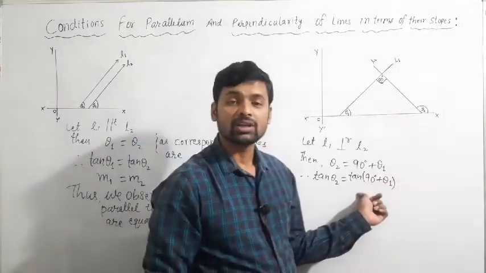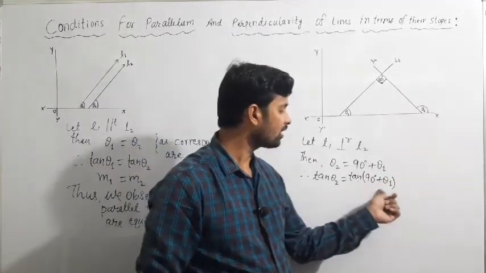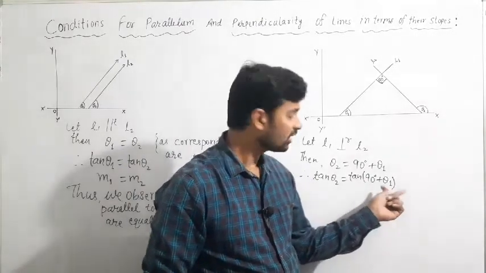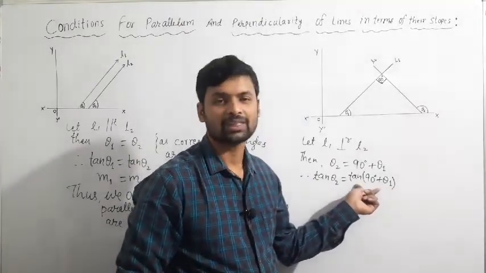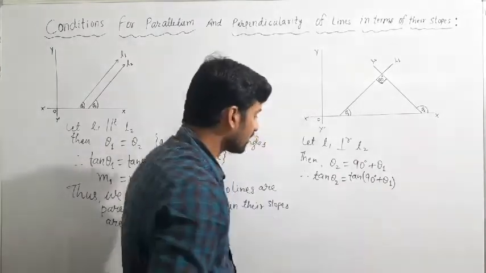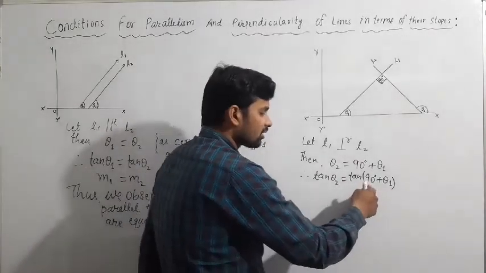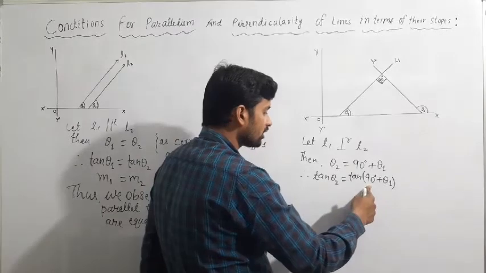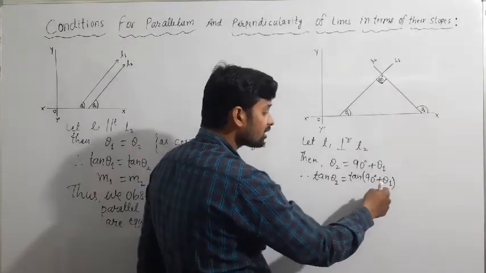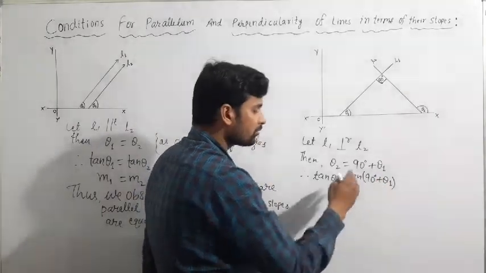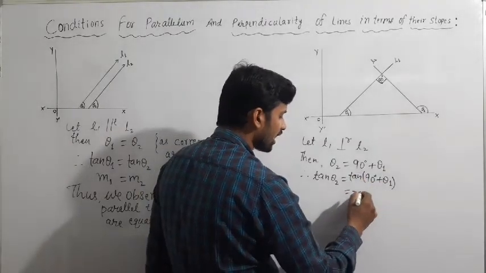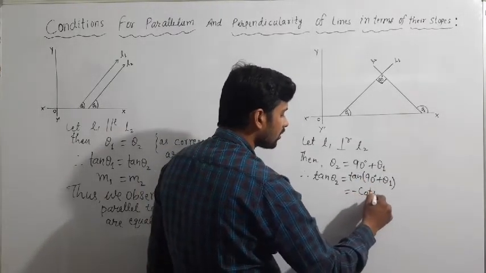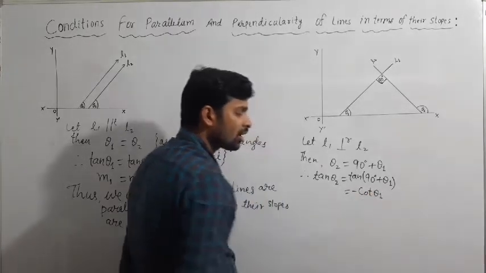Do you know the formula of tan of 90 degree plus theta 1? This angle lies in the second quadrant, in which tangent has a negative sign. And 90 degree is an odd multiple of 90 degree, to which theta 1 is added, so the naming of the function will change. Thus tan of 90 degree plus theta 1 is minus cot theta 1.